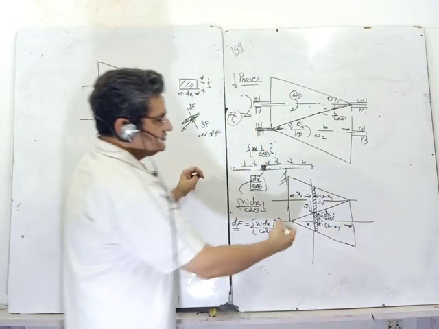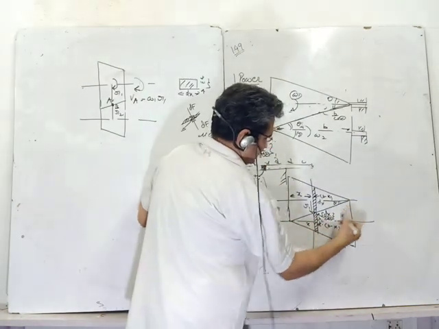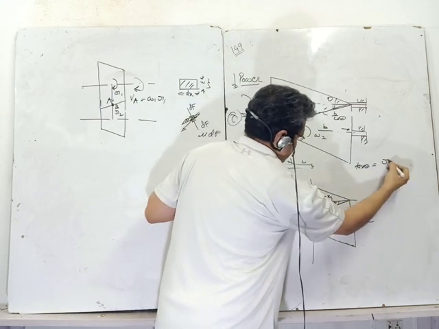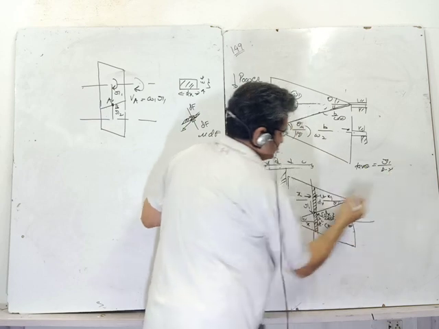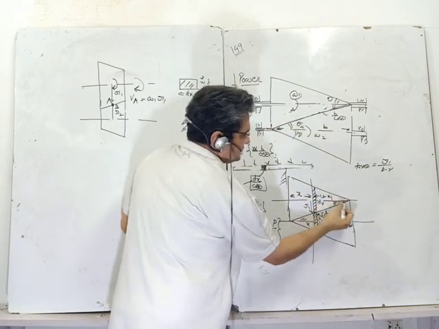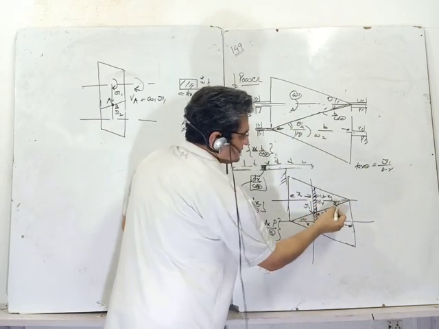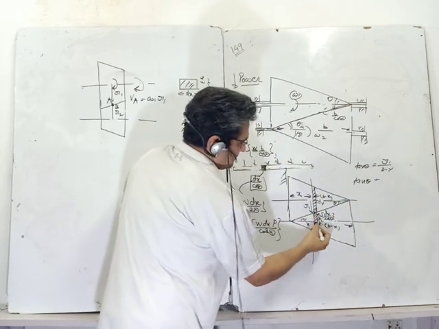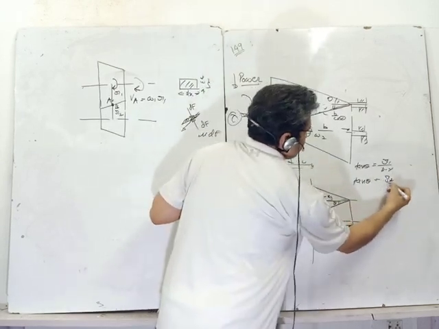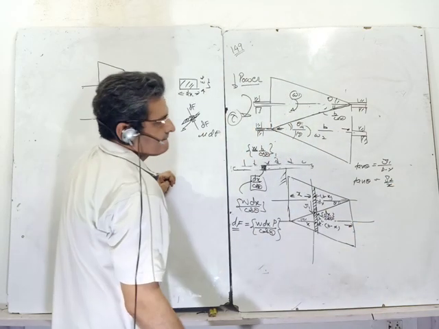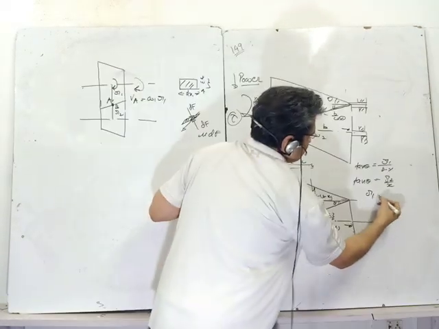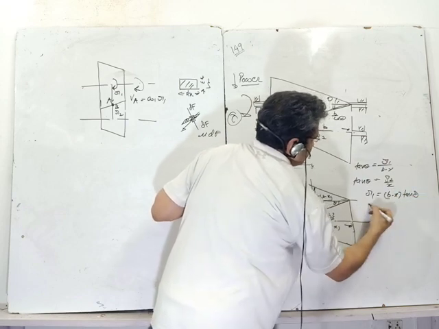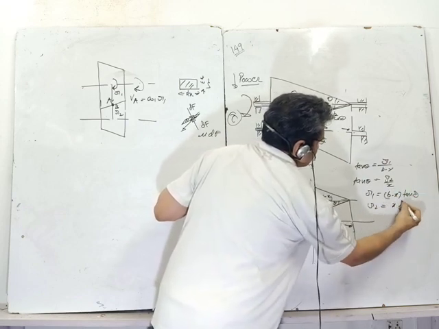What is R1, R2? If I write this is theta, tan theta is R1 upon B minus X, just trigonometry. This is B minus X, this is R1, this is theta, and tan theta is also R2 upon X. So R1 is (B minus X) tan theta and R2 is X tan theta.